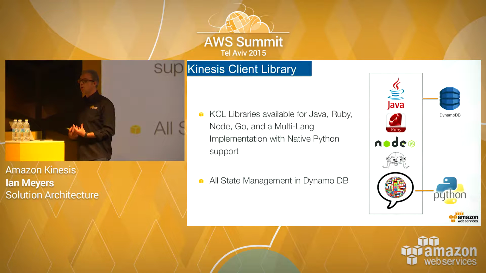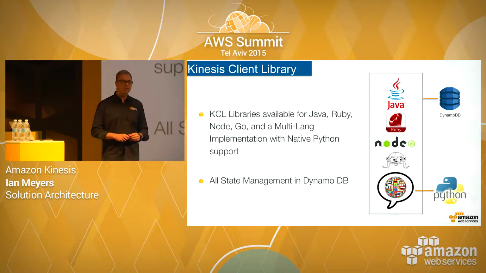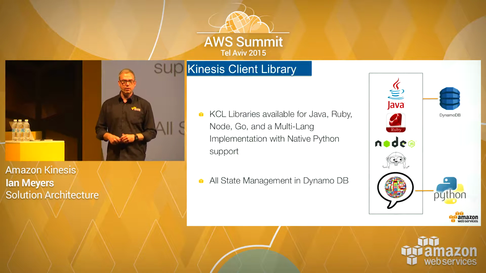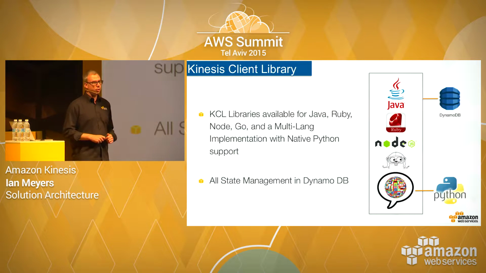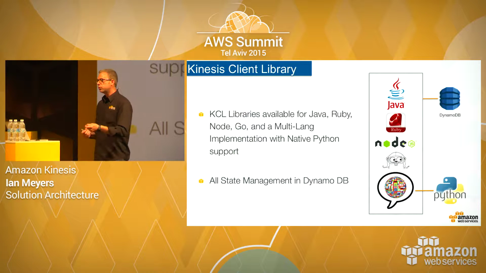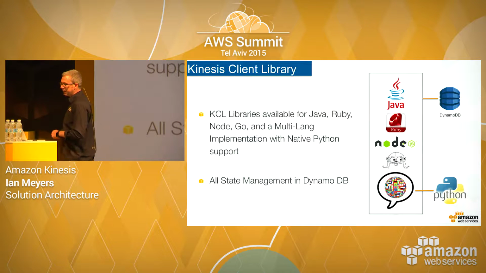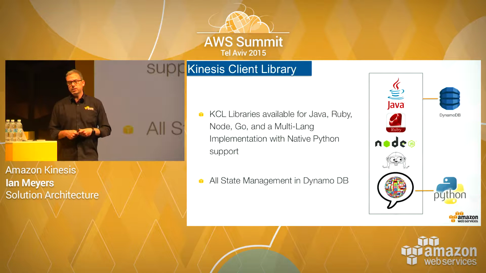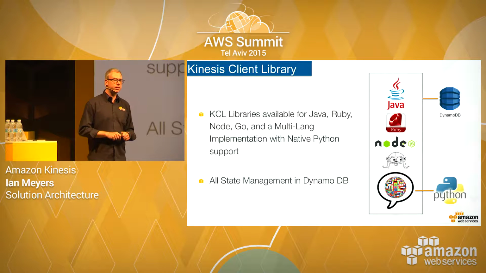At the core of consumer applications, we have the Kinesis client library. Again, like the KPL, it's a library that you will include in your code, and it has a variety of different features for different customers' requirements. The first version we did was in Java, and then we quickly added support for Node.js, for Ruby, and then we did the multi-lang KCL.